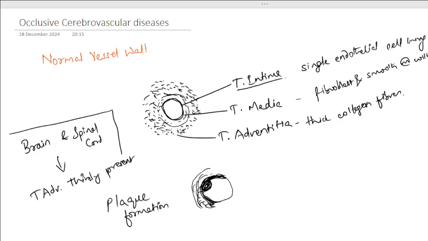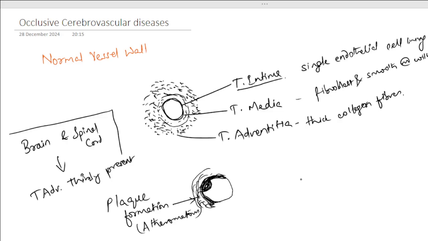In case of development of this atheromatous plaque, the endothelium gets badly damaged, which is the cell lining of tunica intima, and that is the primary part.